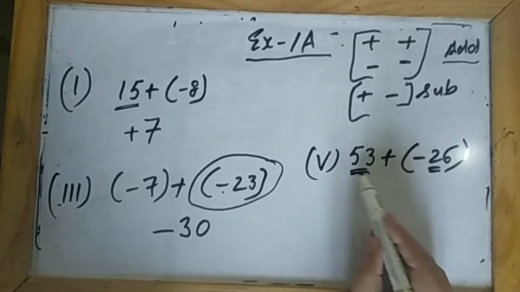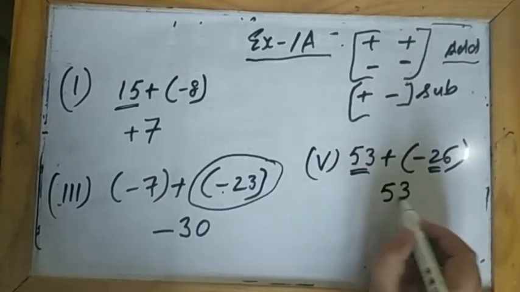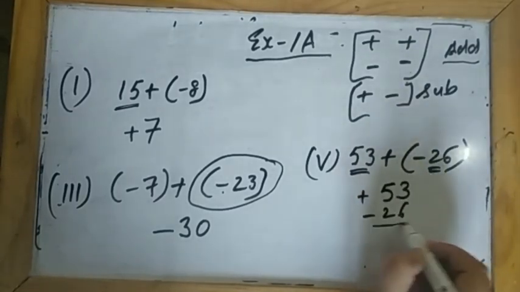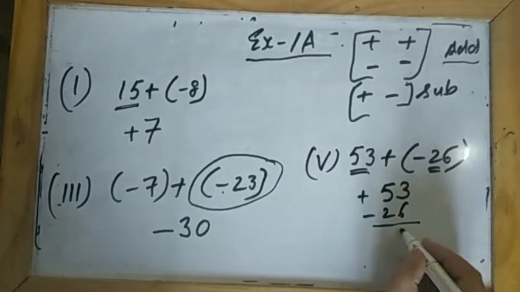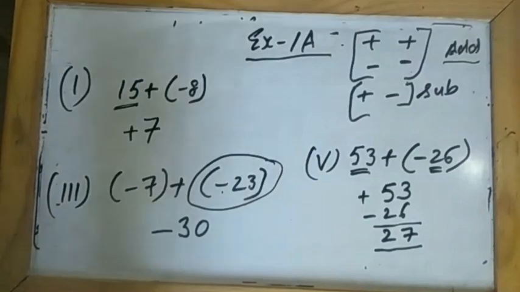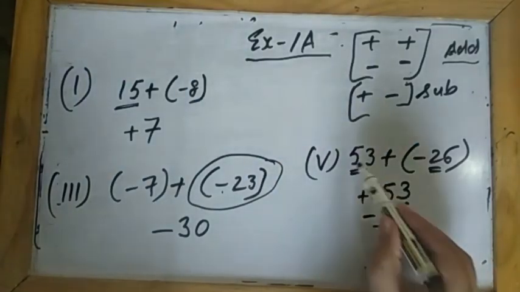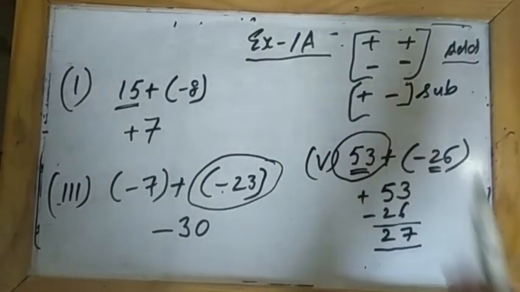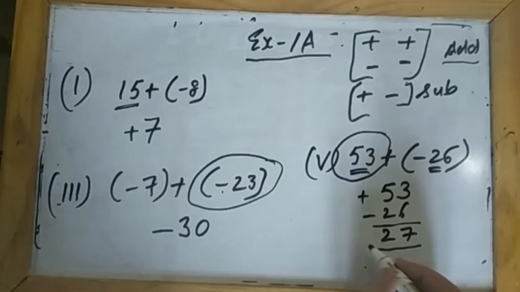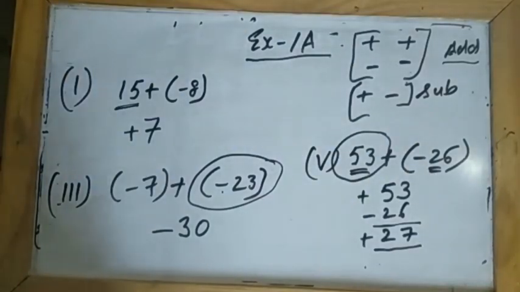It means I have to subtract these two integers. So what will you get? You will get 27. Now what about the sign? I said the sign will always be of the bigger integer. Now out of these, which integer is bigger? 53 is bigger and it is positive, so your answer will be positive 27.